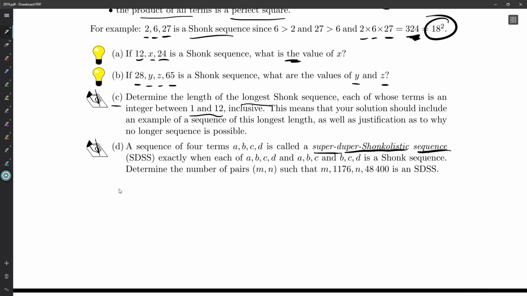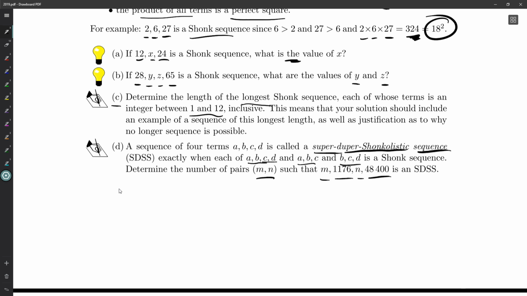It's called that exactly when each of the A, B, C, D, A, B, C, and B, C, D is a Shonk sequence. So when the whole thing is a Shonk sequence and when these smaller parts are Shonk sequences. Determine the number of pairs M and N so that this is a super-duper shonkolistic sequence.